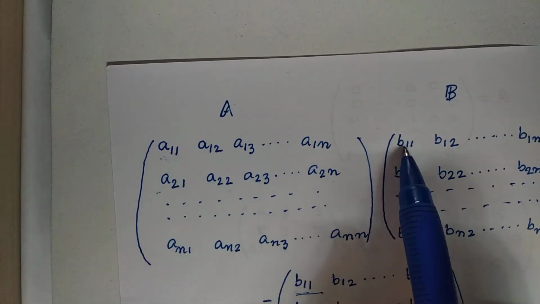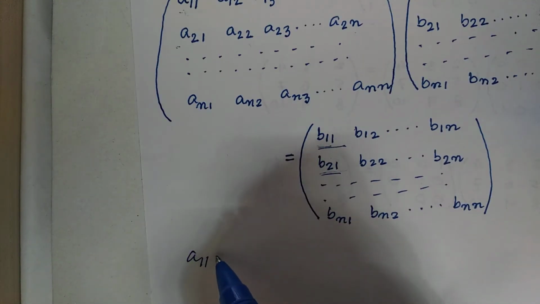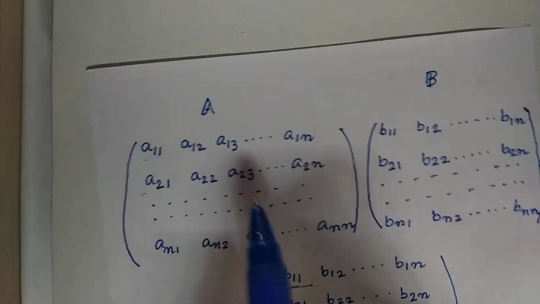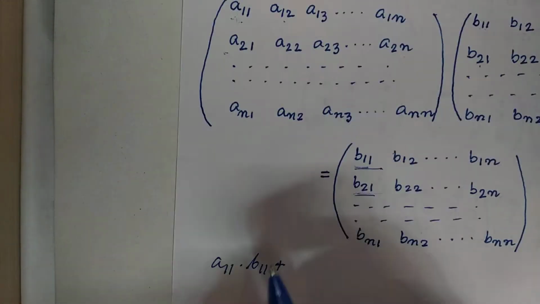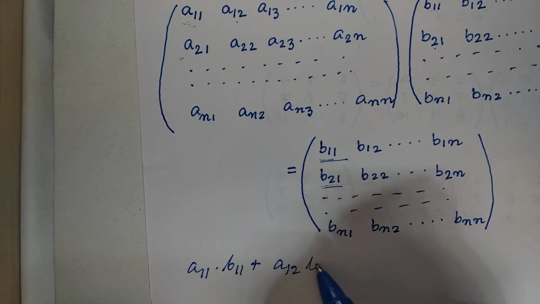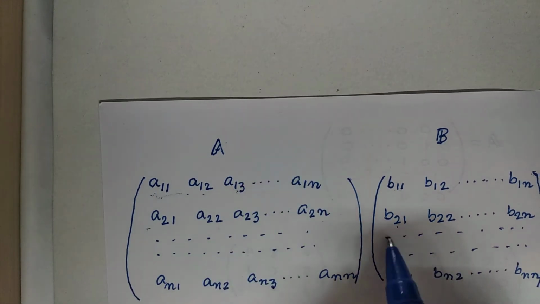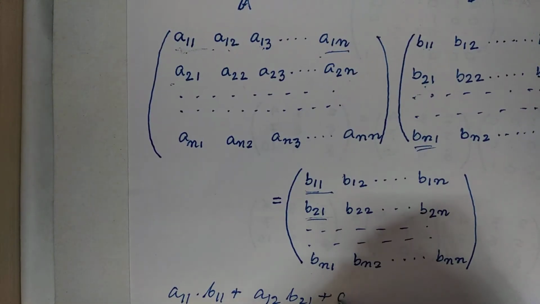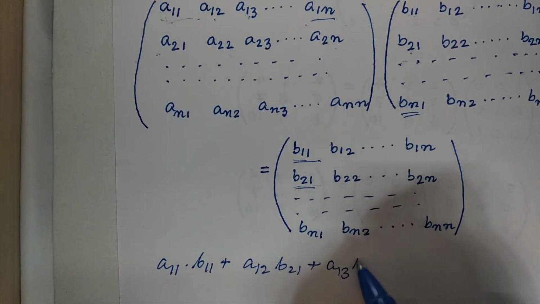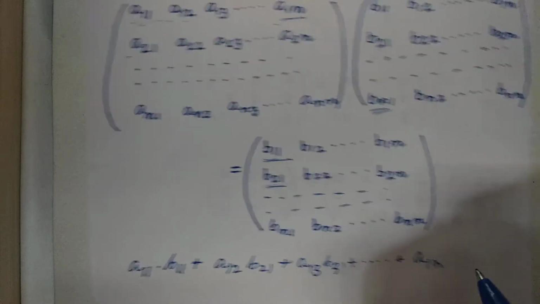So A11 into B11 plus A12 B21 plus A13 B31, and so on up to A1n Bn1.